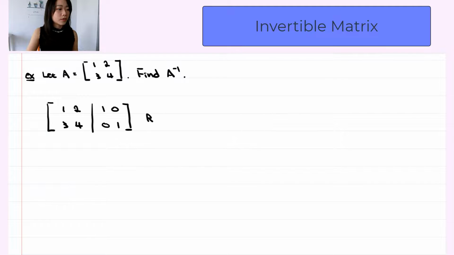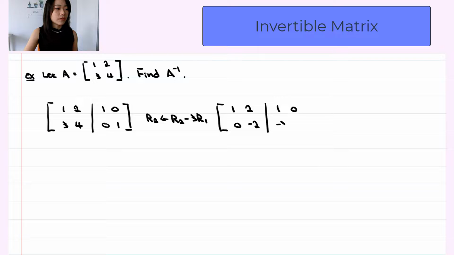I can replace row 2 by row 2 minus 3 times row 1. And I get 1, 2, 1, 0. Then 0 and 4 minus 6, that is negative 2. 0 minus 3, negative 3. And 1 minus 0.